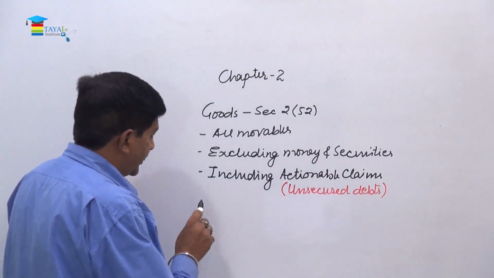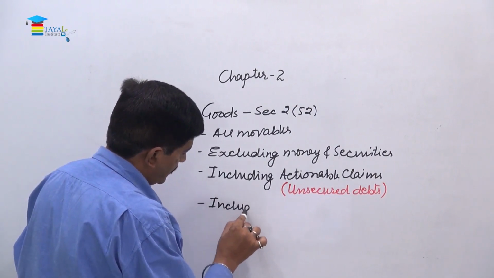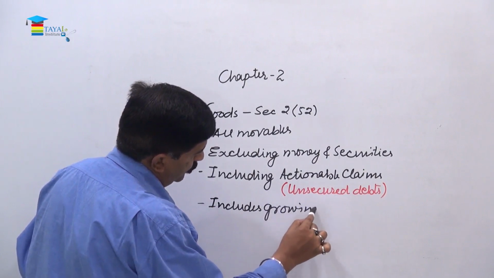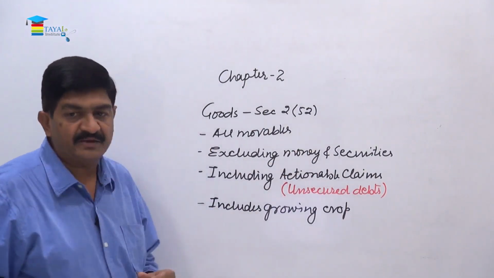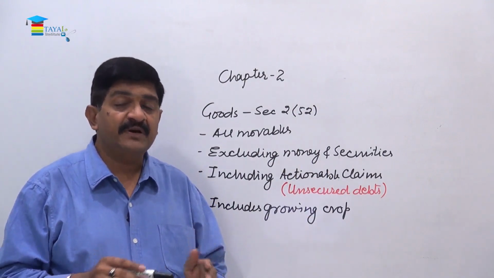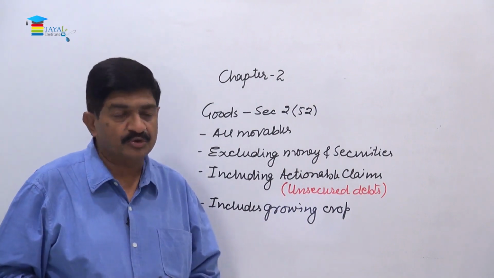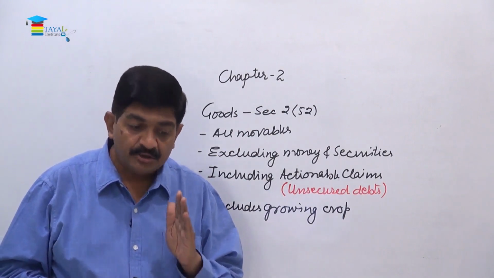And goods also include growing crop. Growing crop is used as an example. Anything which is attached or fastened to the earth but which is required to be severed under the contract of sale will be regarded as goods. So this definition is not new for you, this is already known to you.